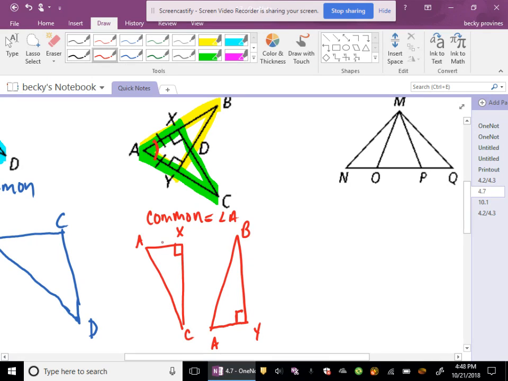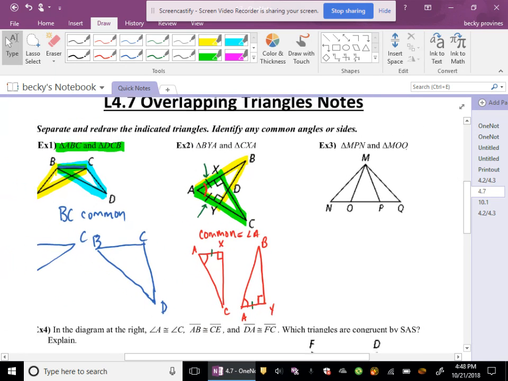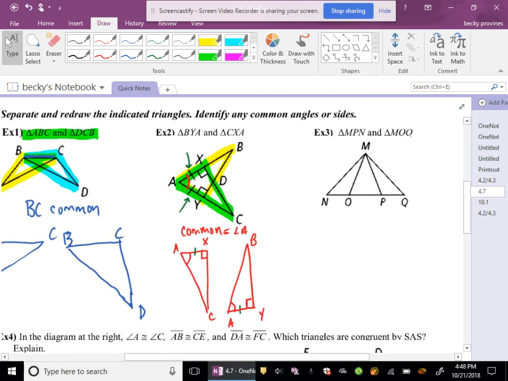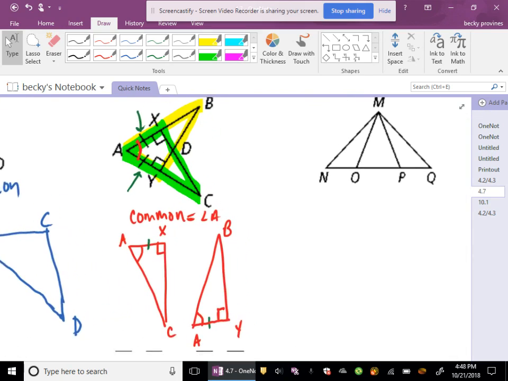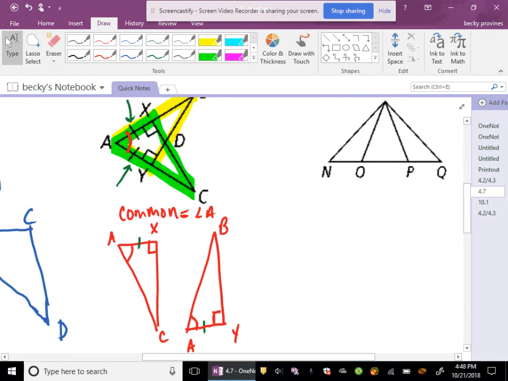They both have A in common, so let's mark that. And right here it shows these two side lengths are in common, so let's also mark that. So that's A to X and A to Y. So when we separate them, we can see that on this one, we have enough information to prove them congruent by angle, side, angle.